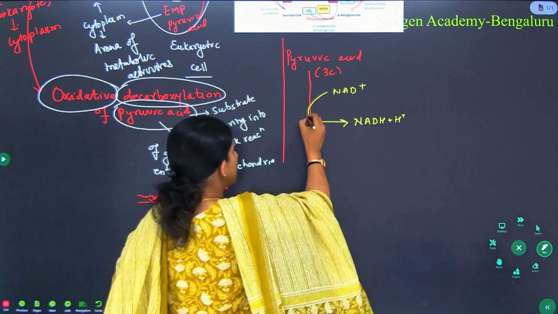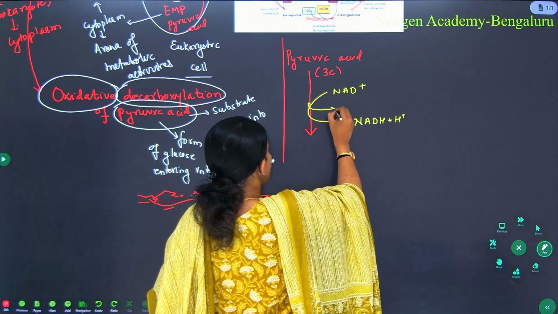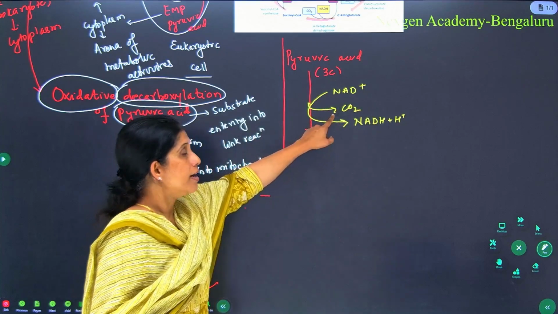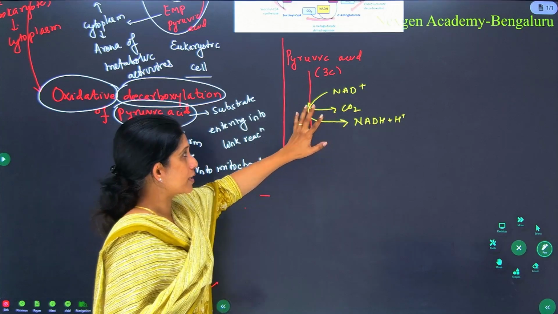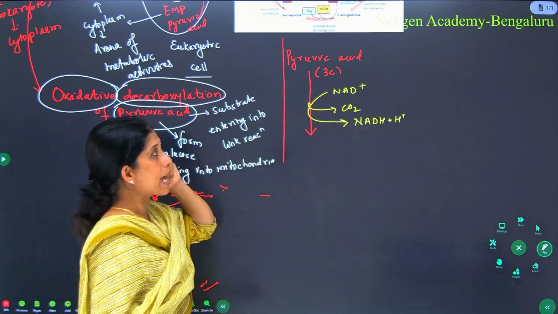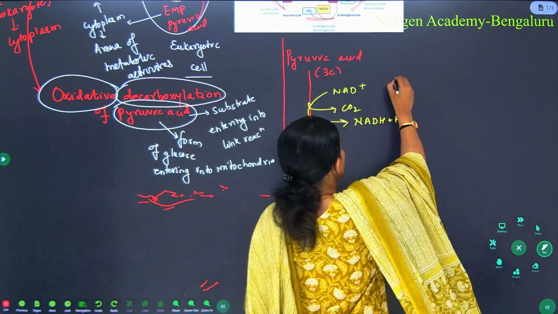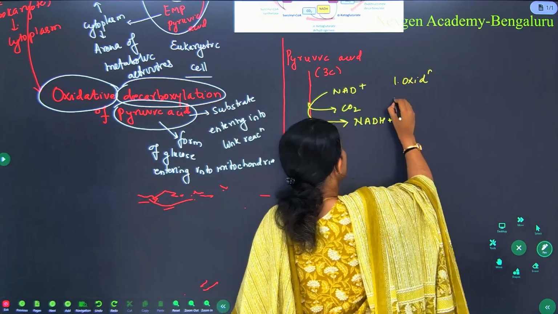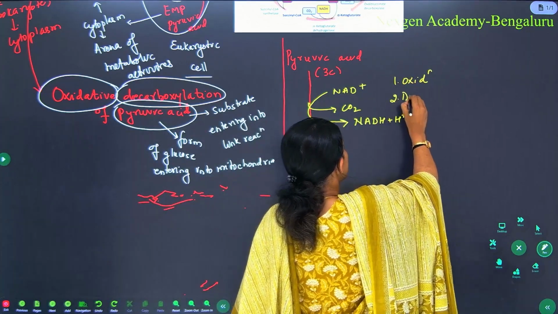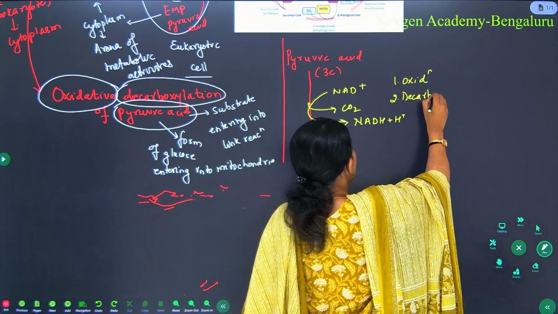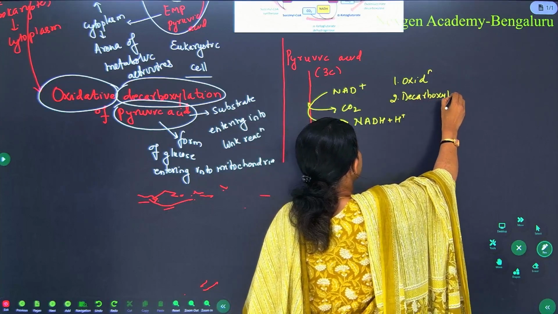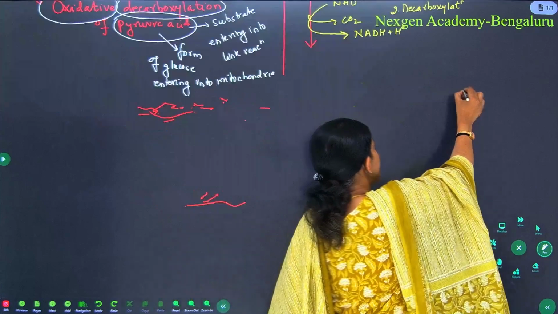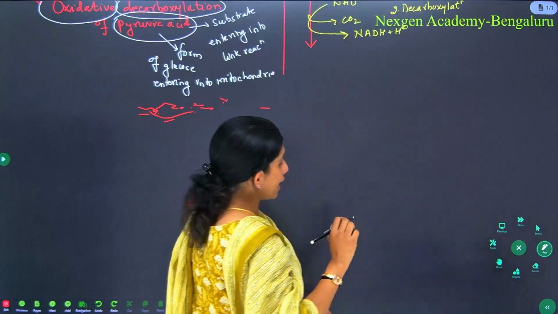At the same time, it will also undergo decarboxylation. Decarboxylation means removal of carbon dioxide. Remember, two processes are happening here, right? One is oxidation, and the second process is decarboxylation.